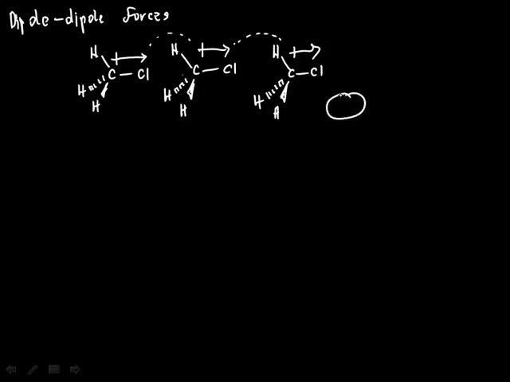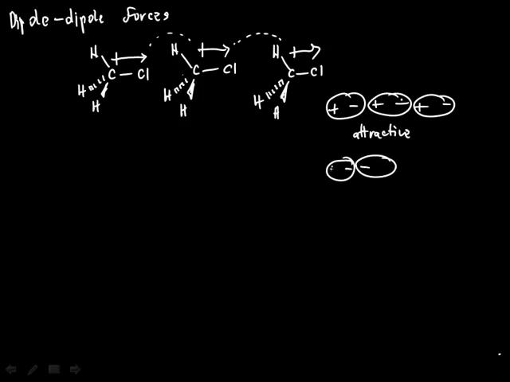A simplified way to represent this interaction would be this, and since the opposite charges are immediately next to each other, this is an overall attractive interaction. Of course, if the molecules approach each other in what we call a wrong orientation, then they can put their negative ends next to each other or their positive ends next to each other.